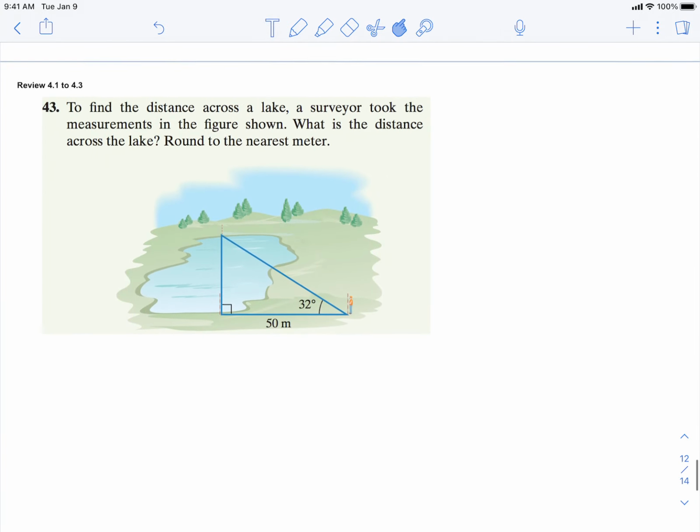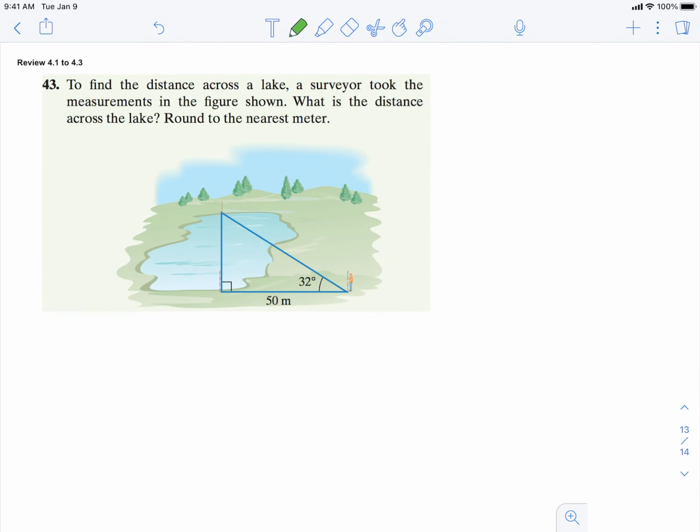All right, here's another question. We have our surveyor, our angle. This is side adjacent, and we want to find the distance across the lake. So we're looking for side opposite. So I'm just going to let that be the letter X. So the trig function that works with opposite and adjacent is tangent again.